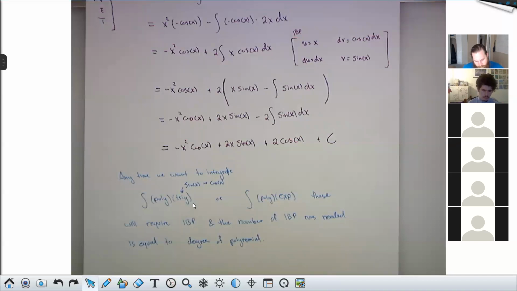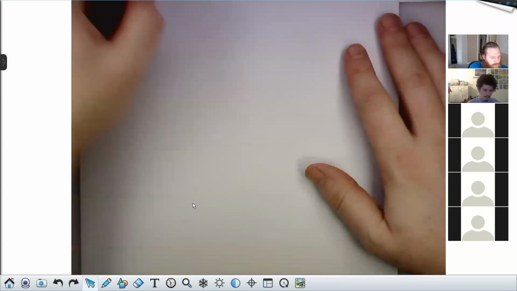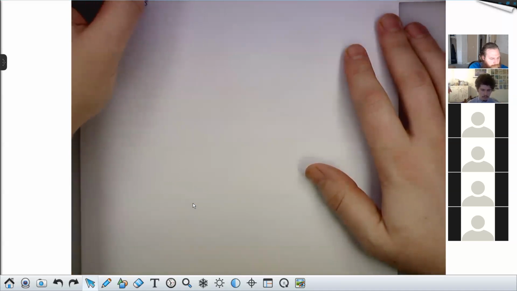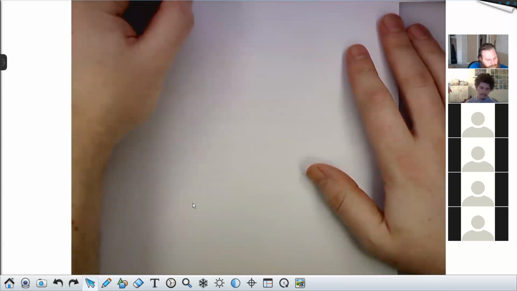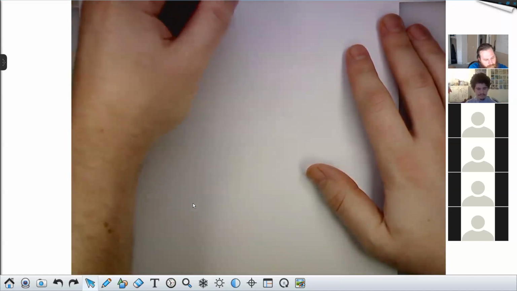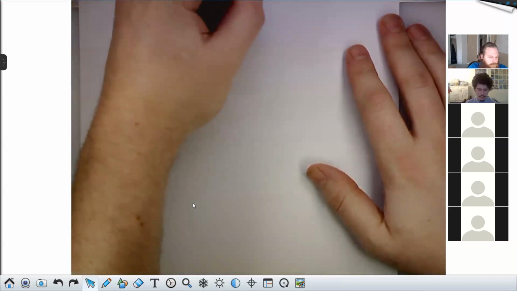I have a quick question. How come x squared is considered a polynomial and not an exponential in this? Well, remember the definition of polynomial. Polynomials are anything of the form some number times x to the n plus some other number times x to the n minus 1 plus all the way down to a1x plus a0.